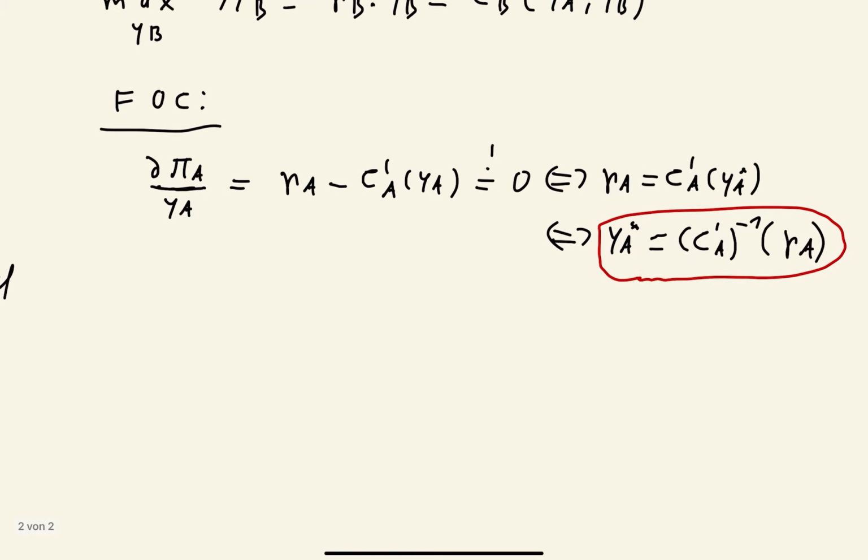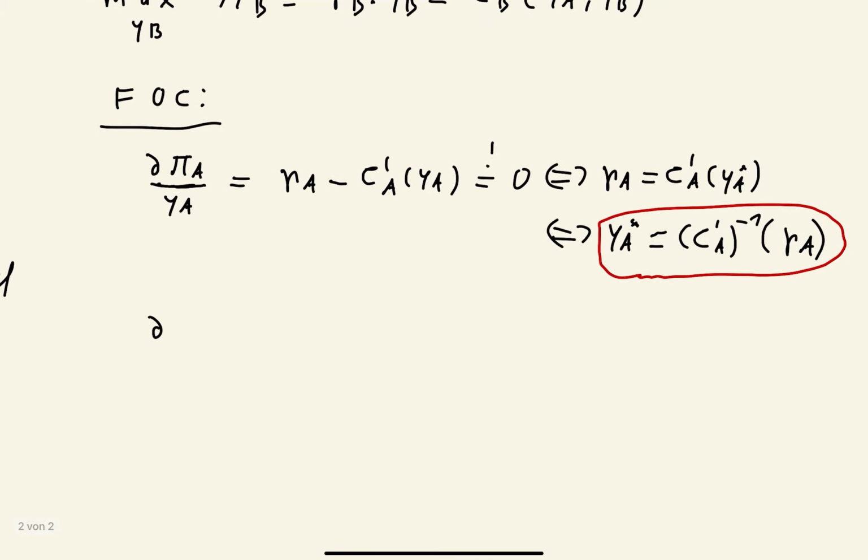Now we can do the same exercise for firm B. So we take the derivative of the profit of firm B with respect to the amount of fish. Then we end up with basically the same condition, which is saying that the marginal revenue for firm B, which is the price of fish, minus the marginal costs, so C prime B 2, and the 2 here, let me just finish and then I will explain what the 2 means.